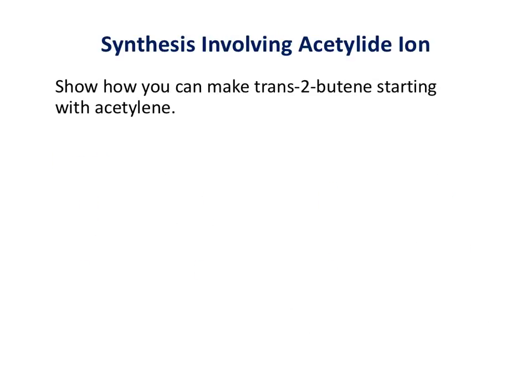All right, another thing you'll remember from organic, the acetylide ion. That is the triple bond CH. So we want to make trans-2-butene starting with acetylene.